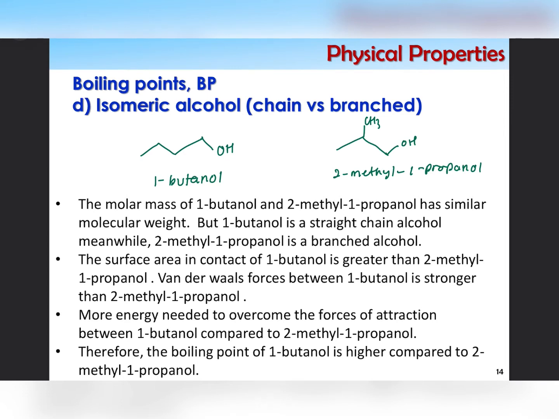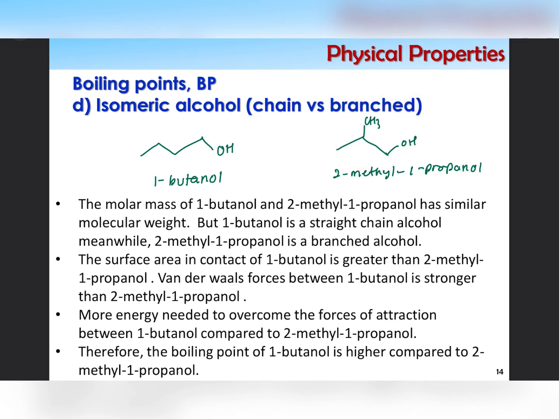Okay, so you can see 1 butanol dengan another 1 butanol, surface area in contact dia besar. Kalau you compare branch structure with another 2 methyl 1 propanol, so you only have little surface area in contact.